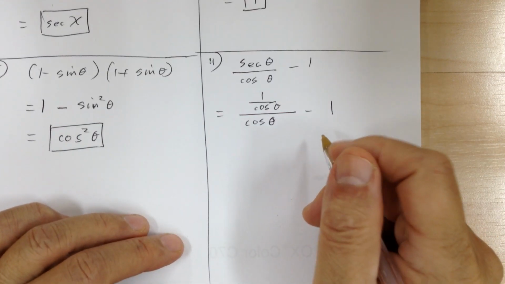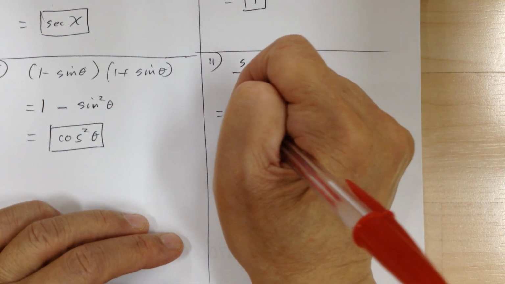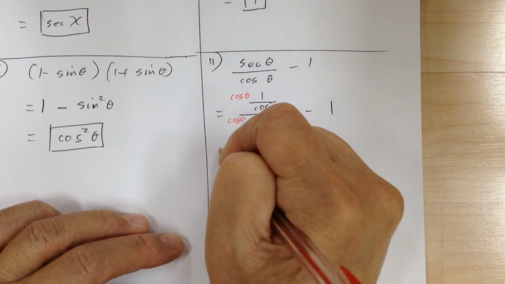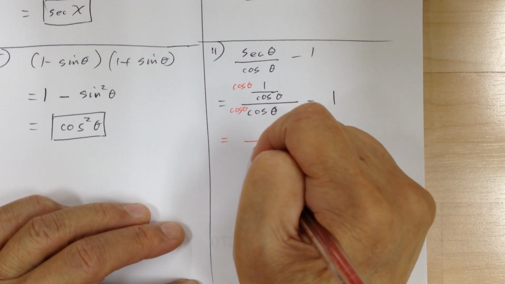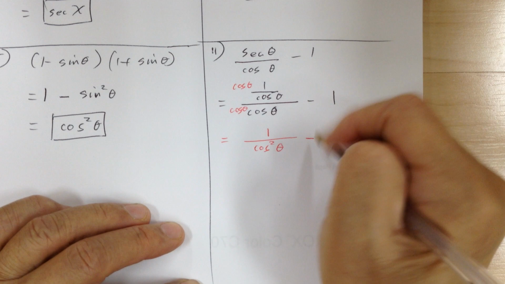Again, when you have a complex fraction, to get rid of it, let's multiply by cosine theta, both the top and the bottom. So this will cancel out. So you've got 1 over cosine squared theta minus 1.